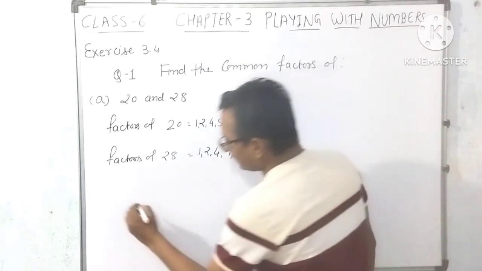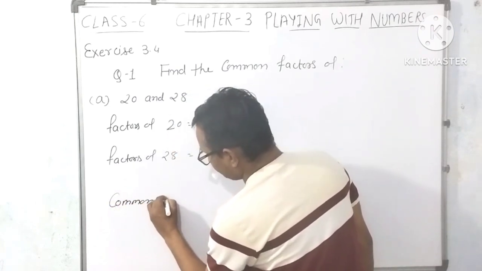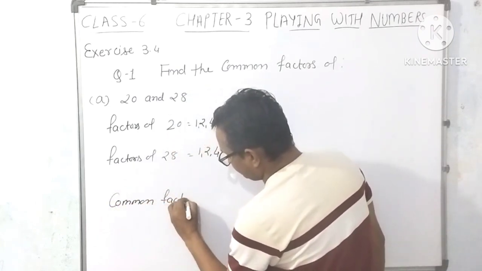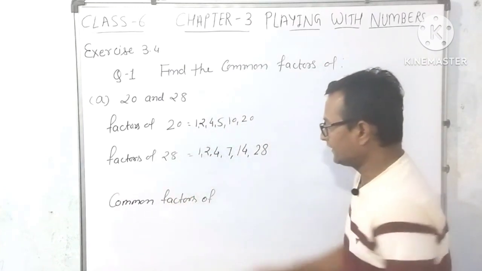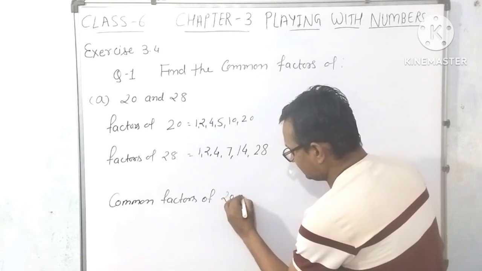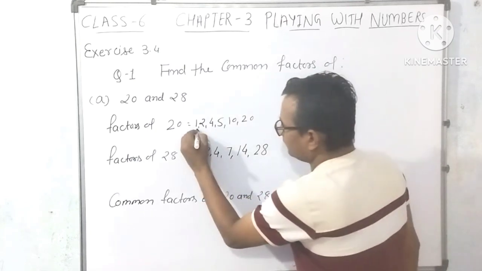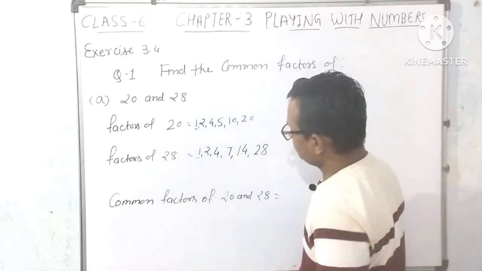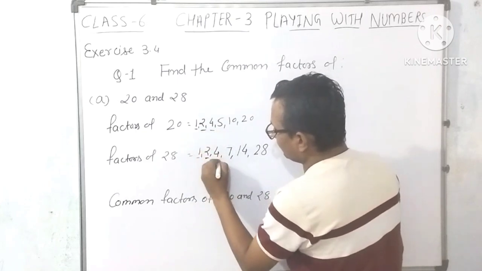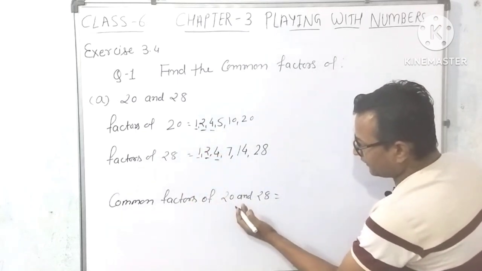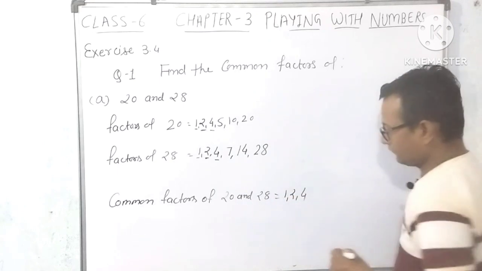So friends, common factors of 20 and 28 are 1, 2, then 4. So common factors of 20 and 28 are 1, 2 and 4.